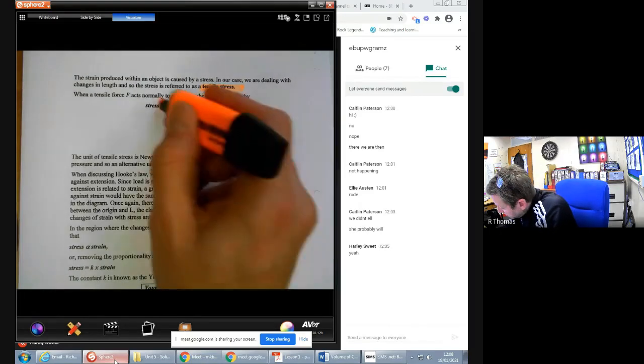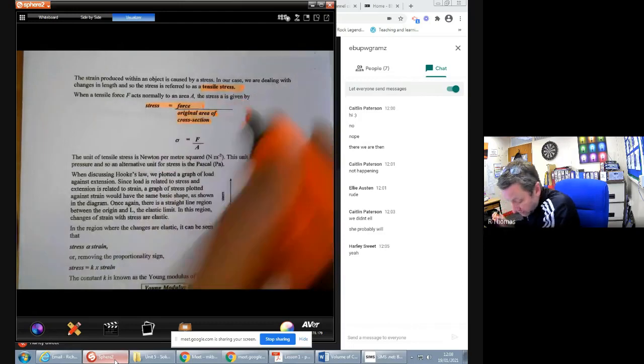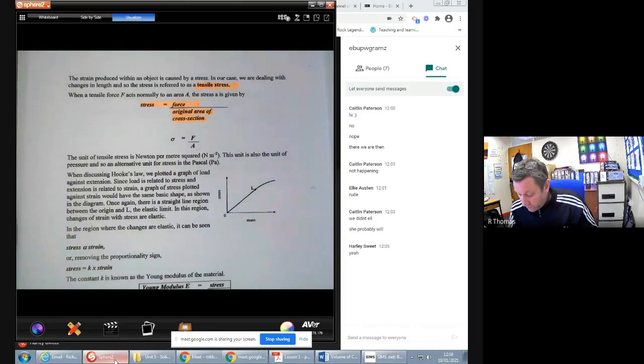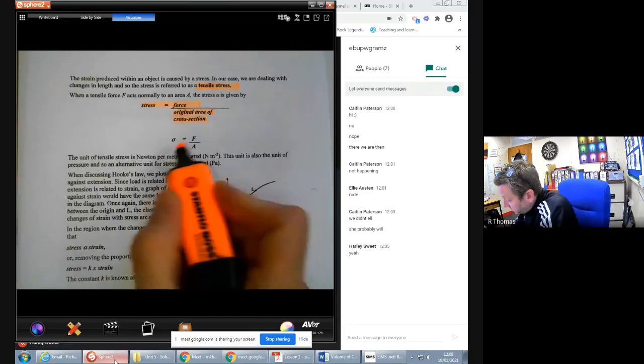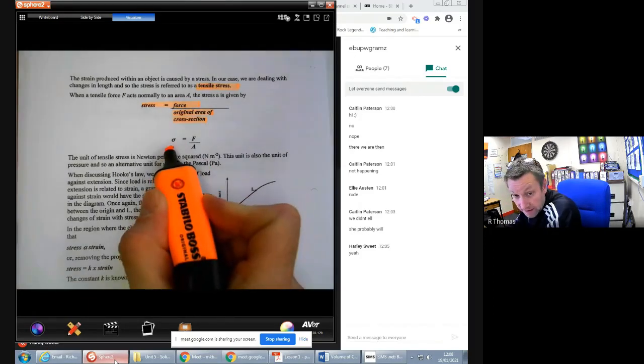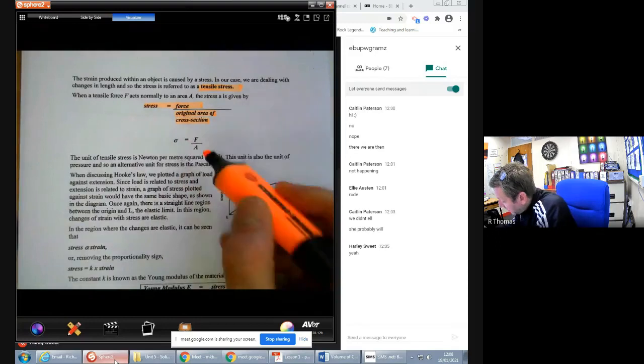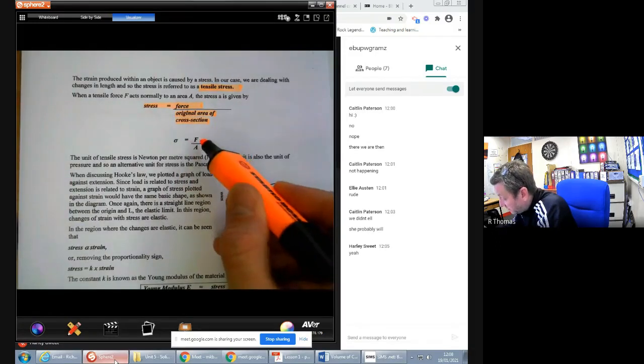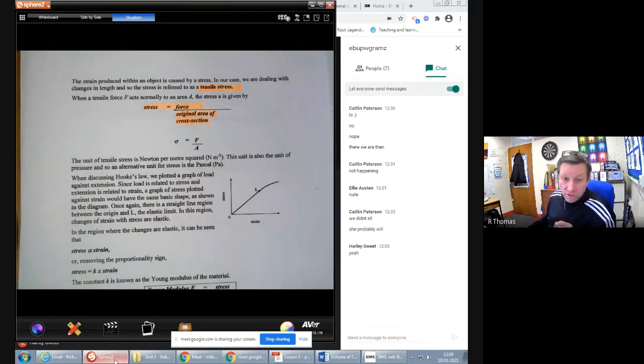So stress is the force divided by the original area of the cross section. We denote it with the Greek letter sigma, and it's basically F divided by A. You might remember from GCSE physics that F divided by A is also called the pressure. So this tensile stress is equal to what we call the pressure.